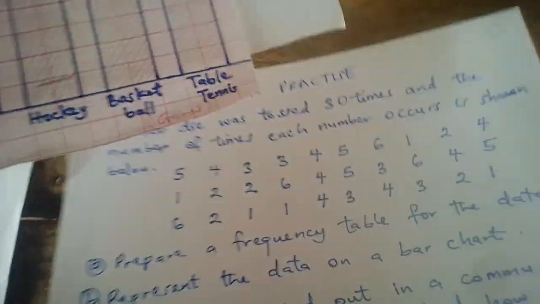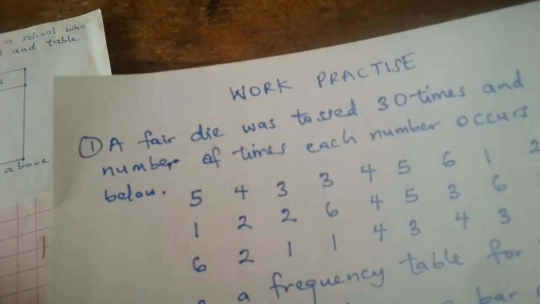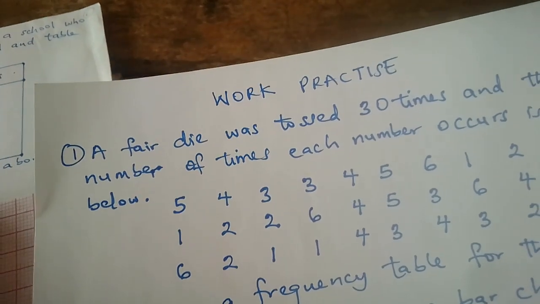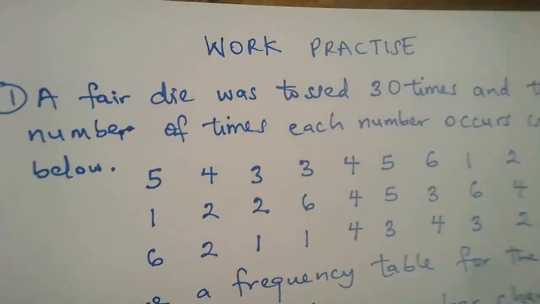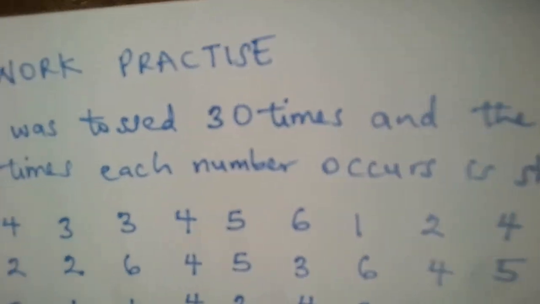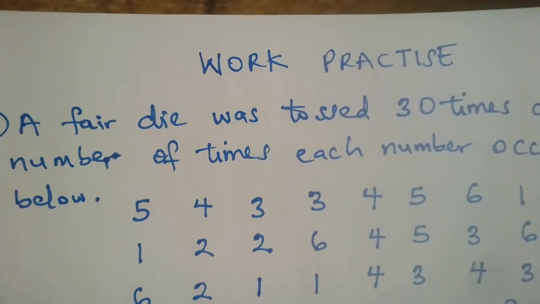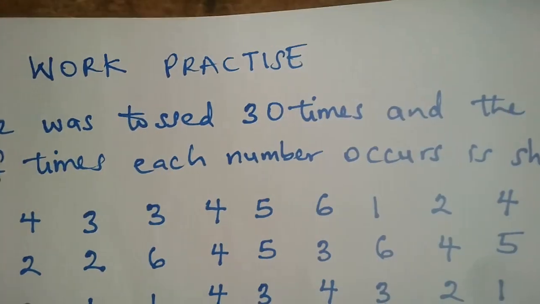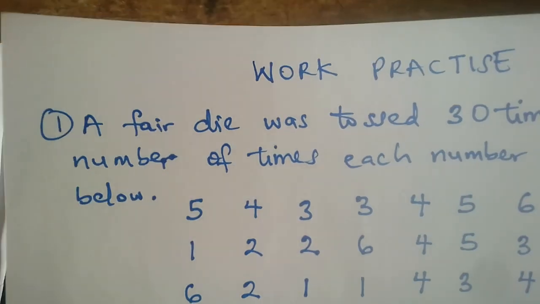So for your practice, I want you to practice this. Number 1, a fair die was tossed 30 times and the number of times each number occurs is shown below.